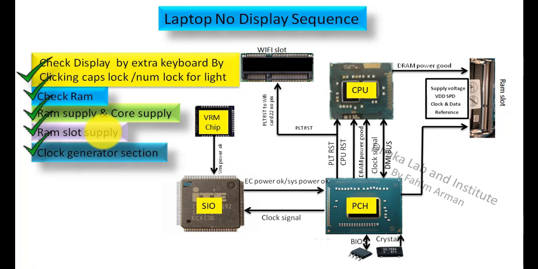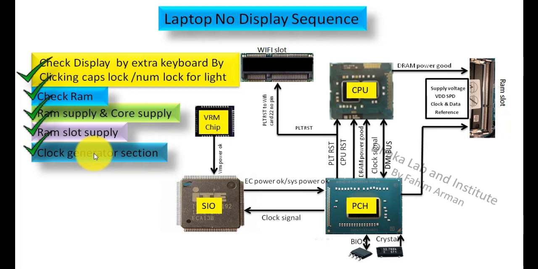And then you should also check the clock generator section. A lagging clock may cause a no display problem. So this is one of the reasons for not having display.